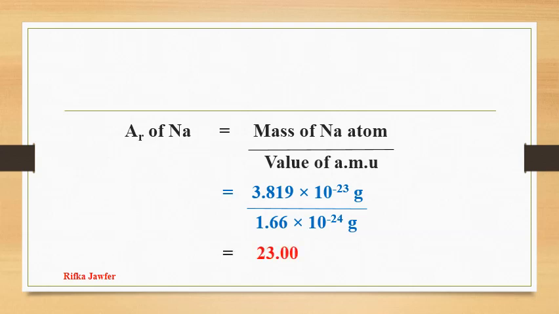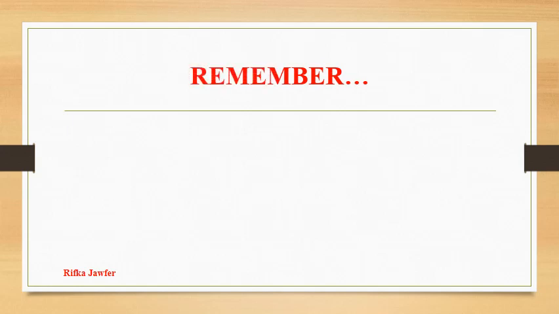Again you will end up with relative atomic mass of sodium being 23. Always remember that relative atomic mass is unitless because it is a ratio between two masses.